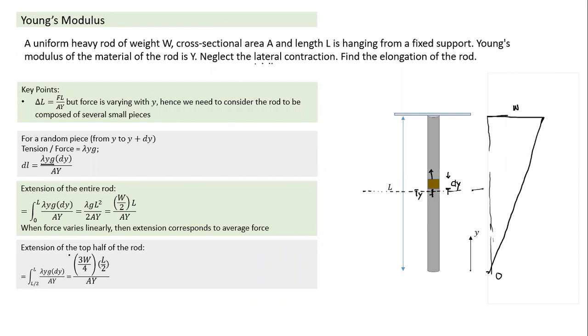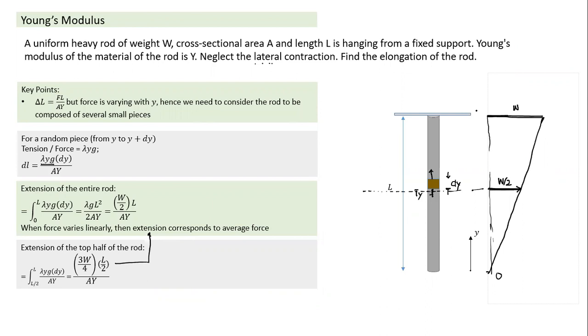And when I integrate, I get an expression. I have rewritten it in a certain different form. Let's try and understand what this form means. Is this form also matching with this or not? So when I'm taking what is the extension of this part here, starting from the point where tension is W by 2 to a point where tension is W, here also I notice tension is varying in a linear fashion.